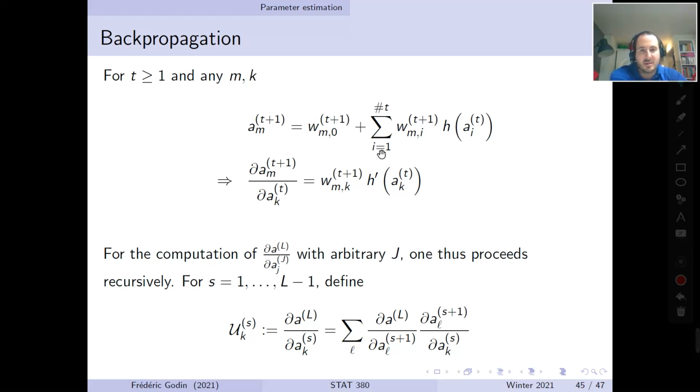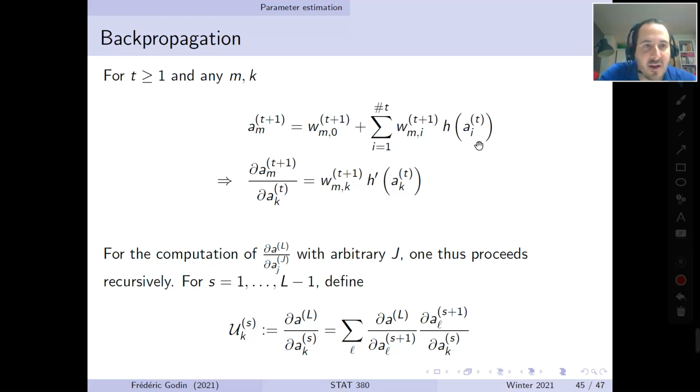So sum across all hidden units, or all neurons, of the tth layer: the sum where i goes from 1 to number t, where number t refers to the number of hidden units in the tth layer, of the weight times h of the associated activation from the previous layer.